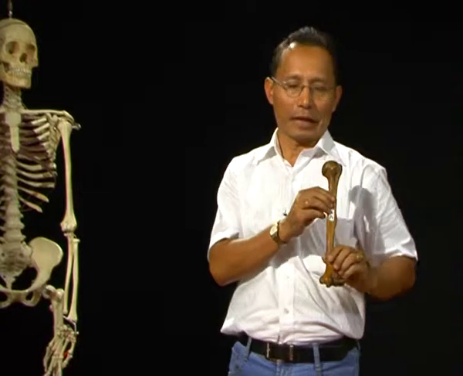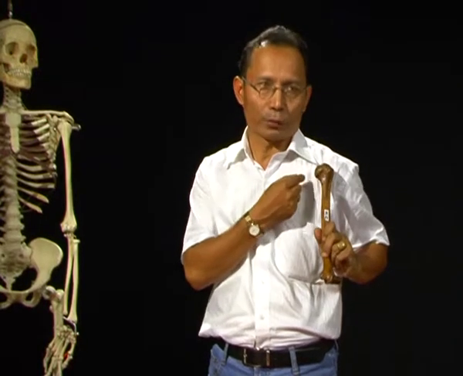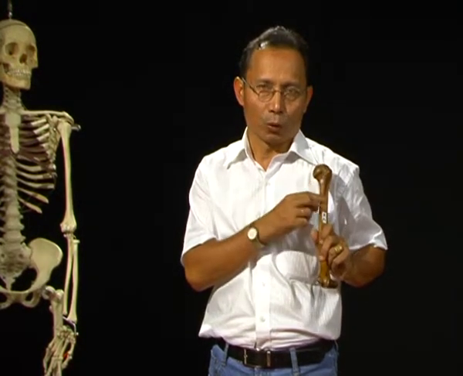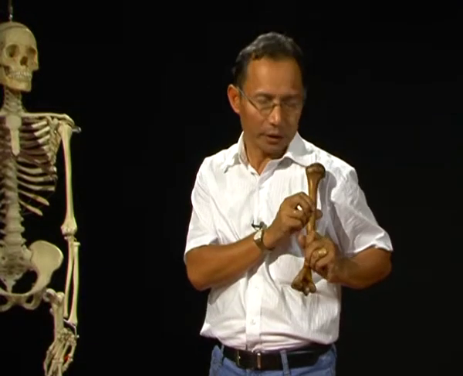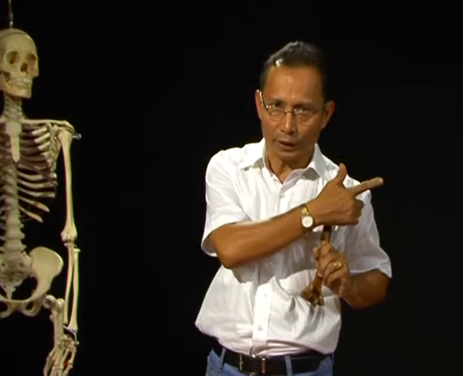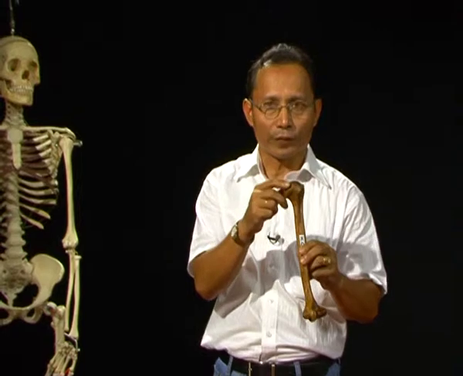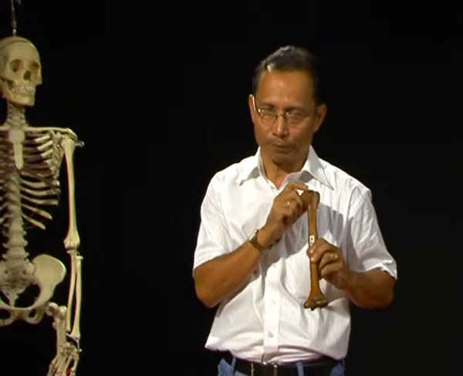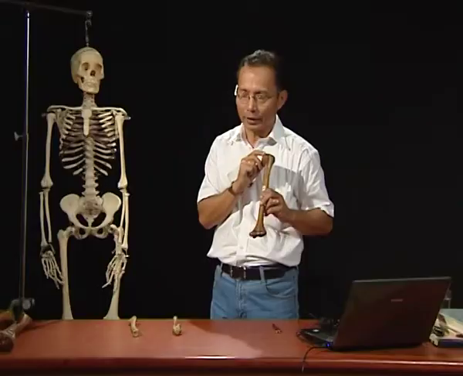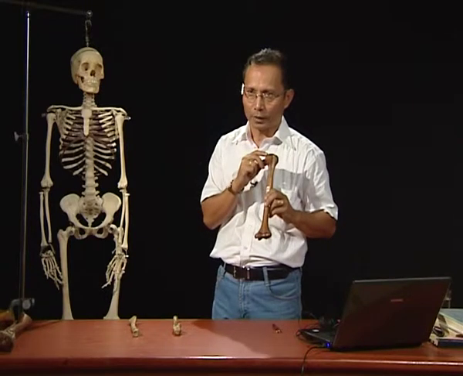When you keep it like this, it is facing towards the body. When you keep it like this, it is facing away from the body. So this should face medially towards the body. This is the first point you should keep in your mind.